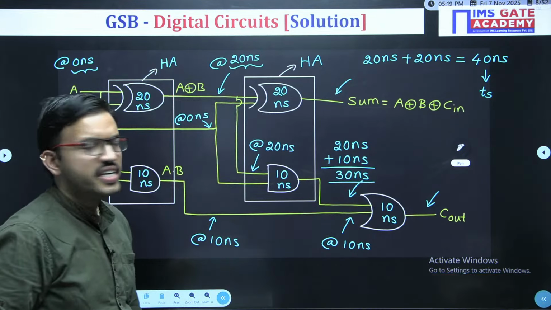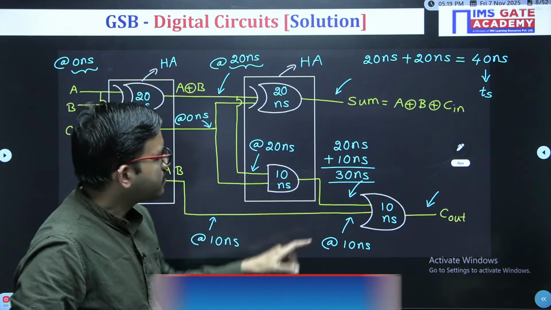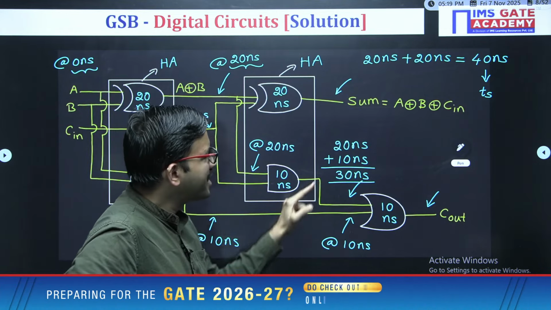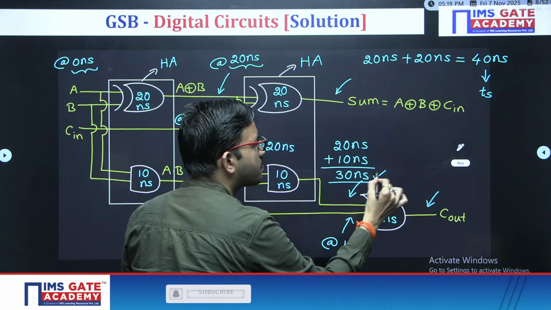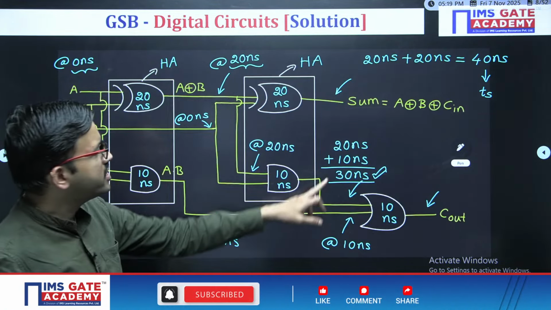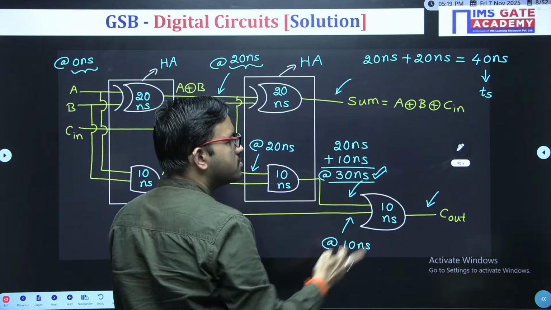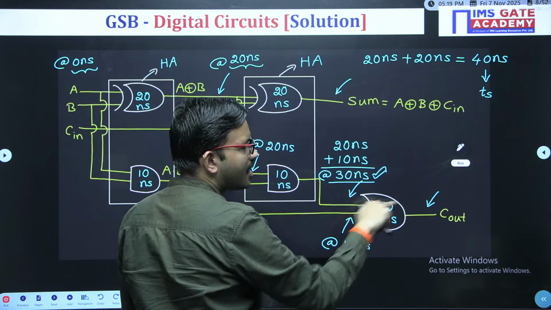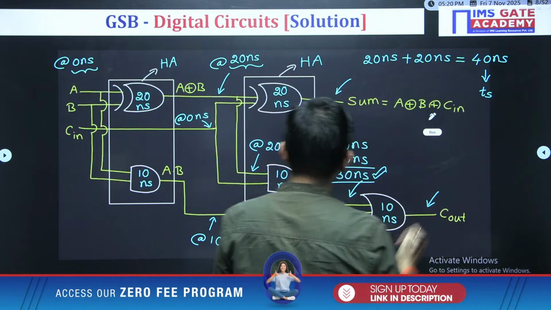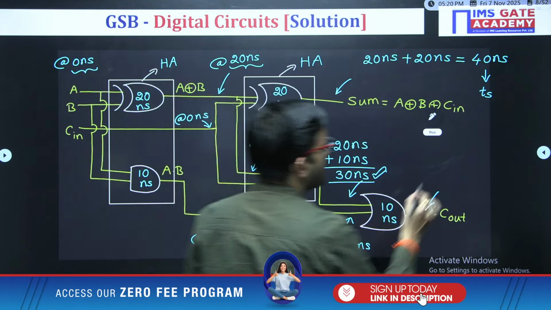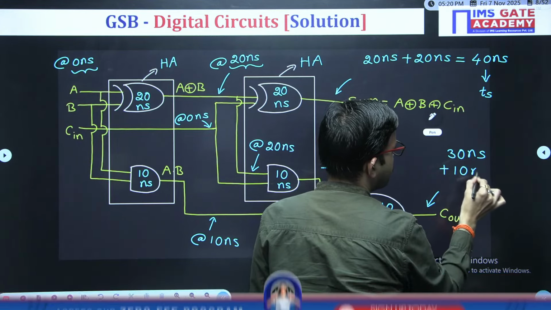30 nanosecond, right? Now just observe, for this OR gate, two inputs are there. One input you are getting at 10 nanosecond, but the other input you are getting at 30 nanosecond. So obviously you have to wait for this particular input. So now this OR gate output you are getting at what time? 30 plus 10, that is 40 nanosecond.